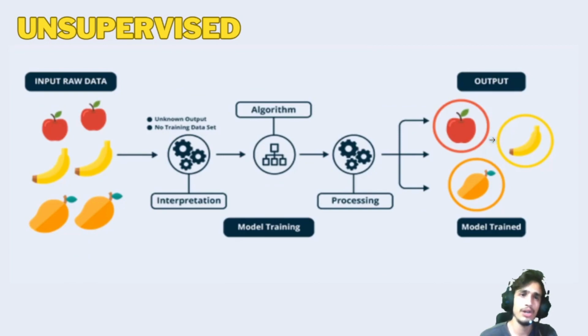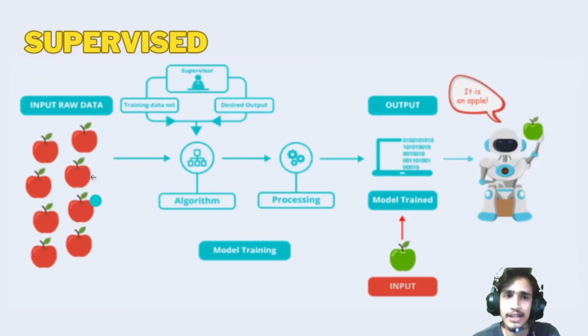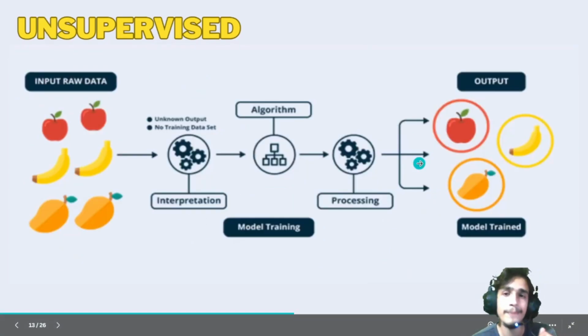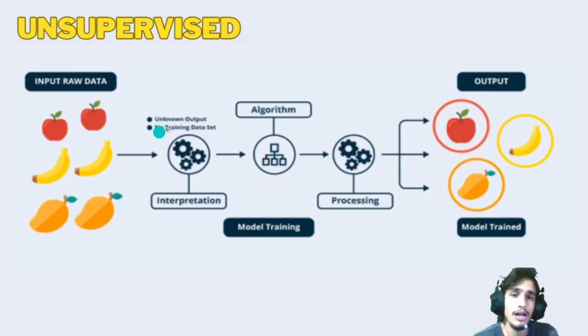Now the question is how unsupervised learning works. Because in supervised learning, we were giving the labels or names, that is, the output variable. The output variable is like the target variable. We should know what fruit this is, whether it is an apple or not. Here we do not know what our target variable is.